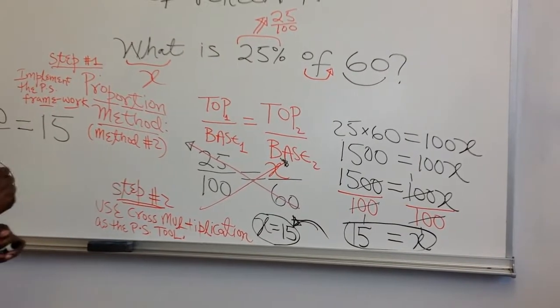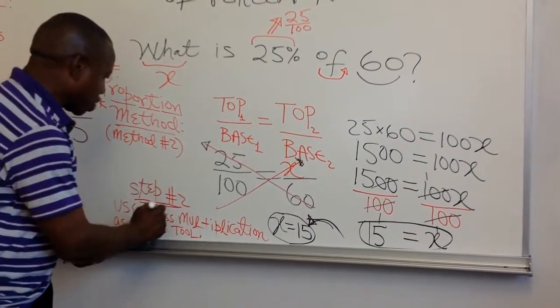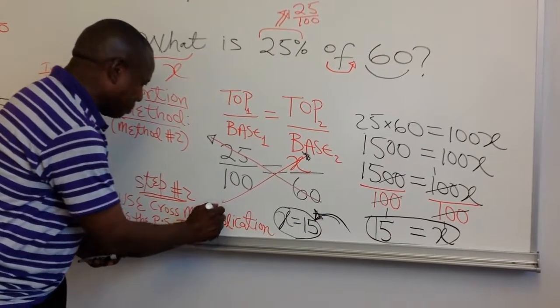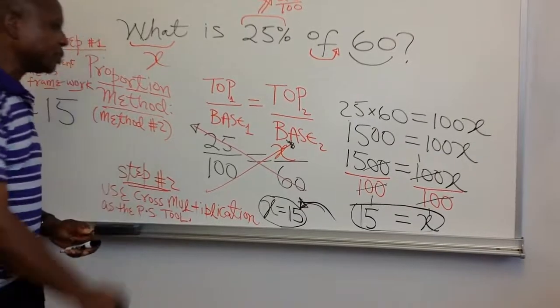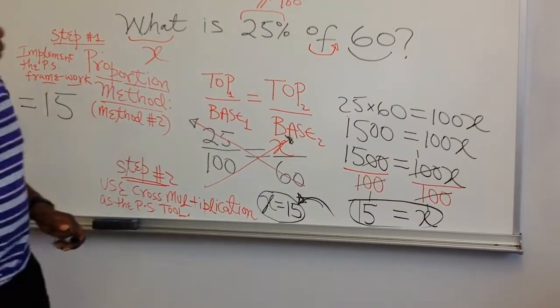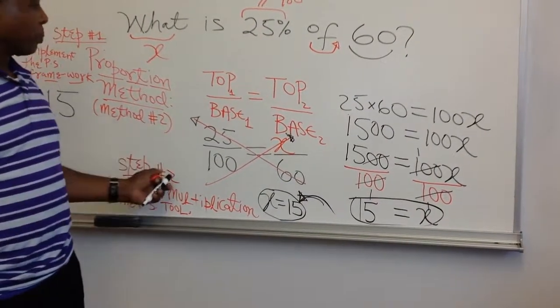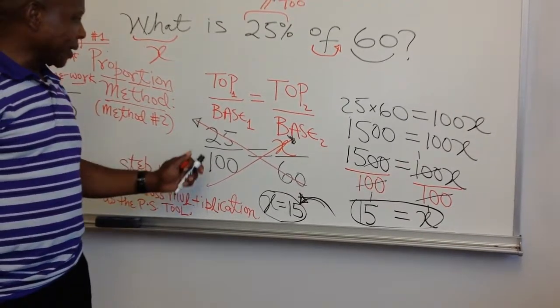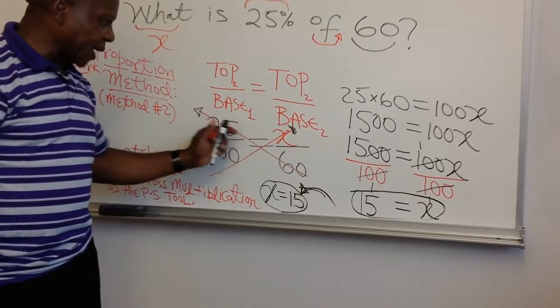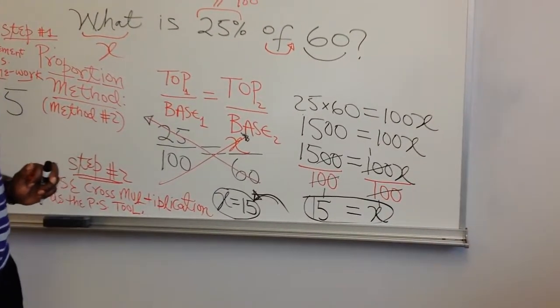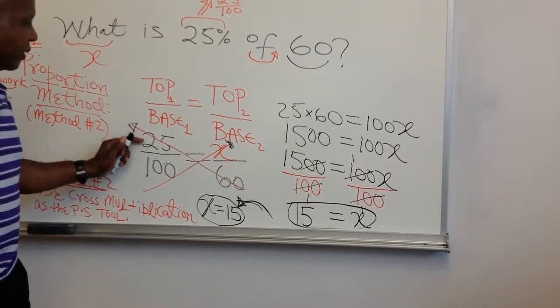Step number 2, we use cross multiplication as the problem-solving tool, which involves multiplying 25 by 60.